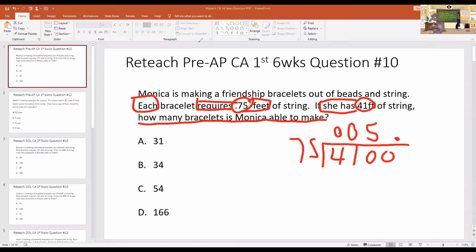5 times 5 is 25. Carry the 2. Excuse me. Now 5 times 7 is 35 plus 2 gives me 37.